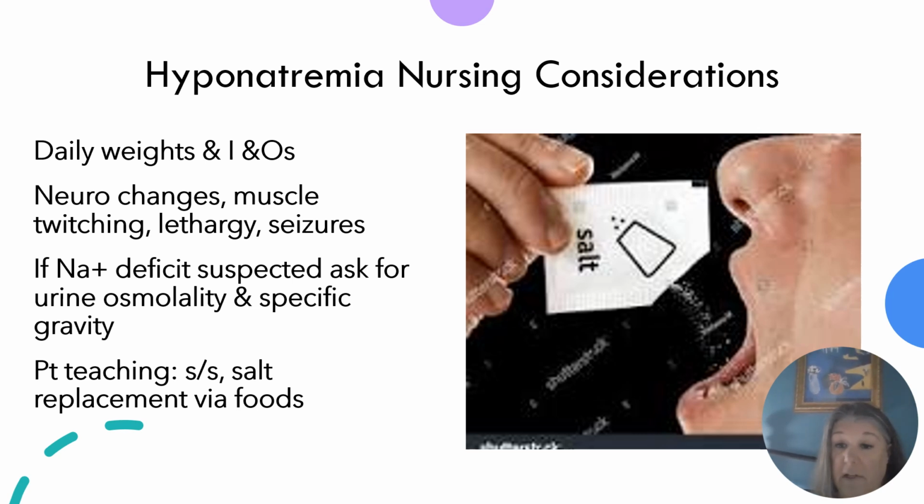That's probably one of the easiest ways, like we talked about yesterday. If we can replace fluid, we prefer the PO route, right? So with any of these, we prefer PO. Not that that's always possible, but we do prefer that. And then as nurses, we're going to look for decreased levels of consciousness and any changes in mentation, because we worry about that neuro status change, okay?